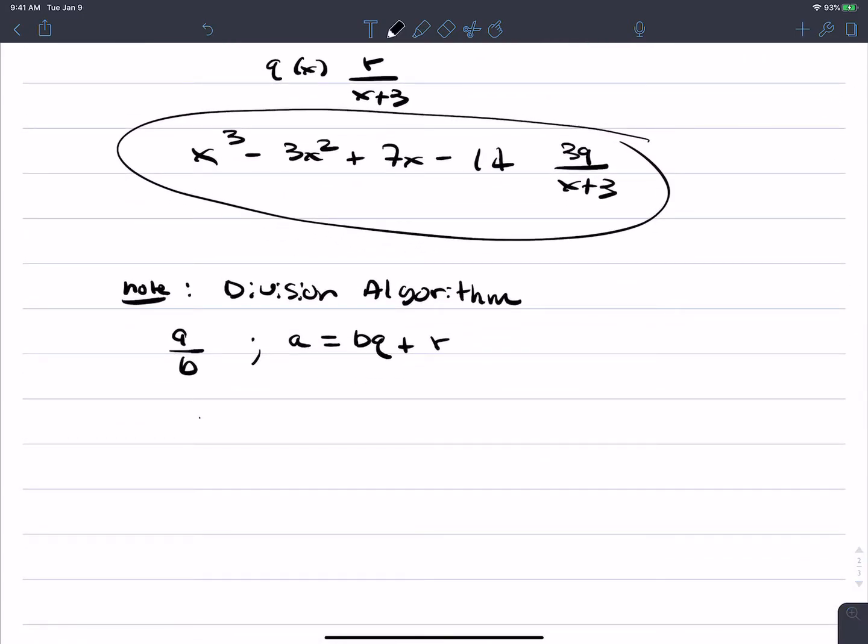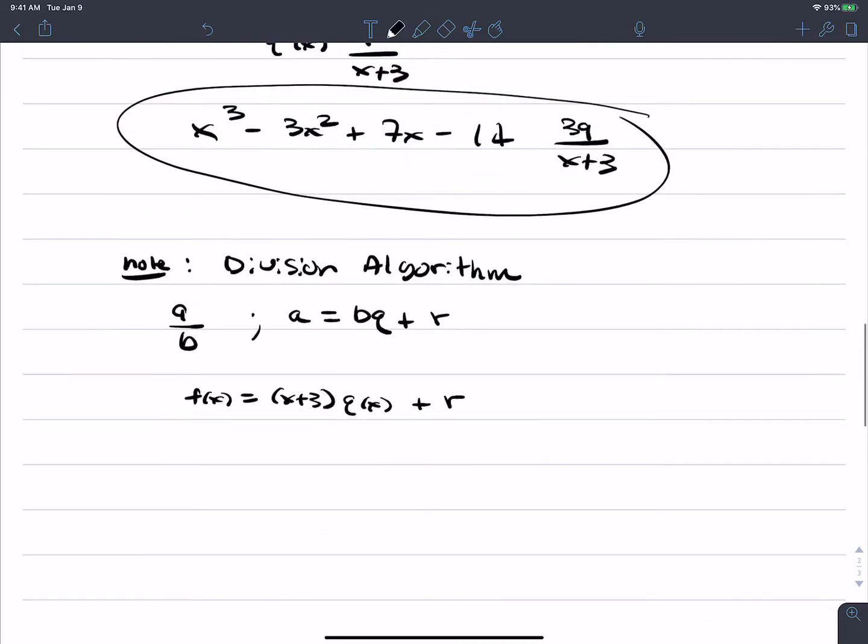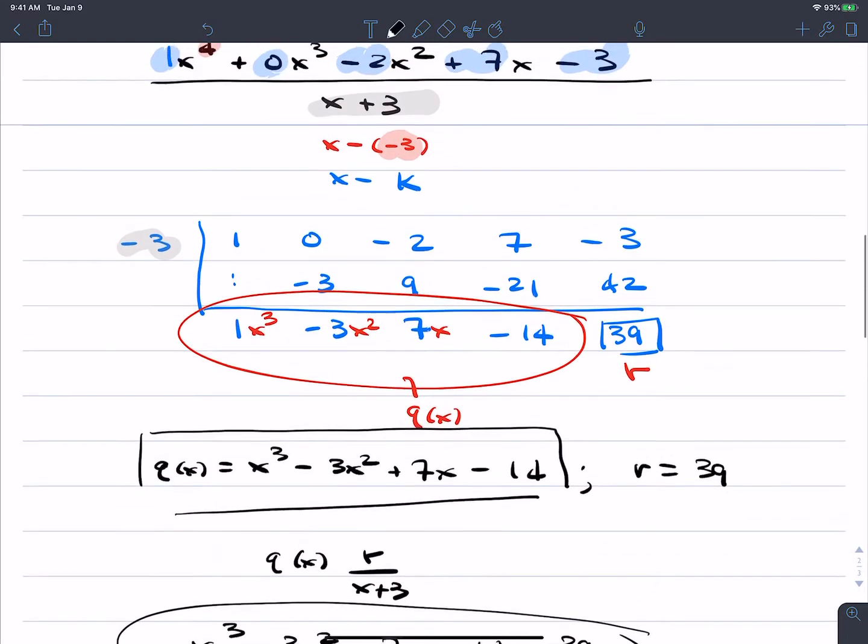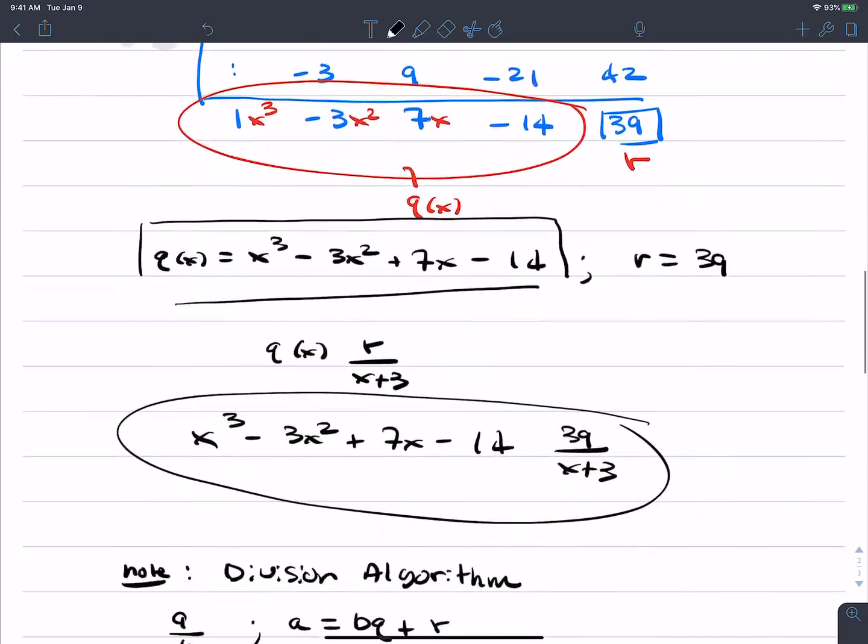That f of x, the original f, can be described as that x plus 3 term times that quotient plus your remainder. And if we wrote it all down, and there's a lot to write down, this is the original question, number 5.